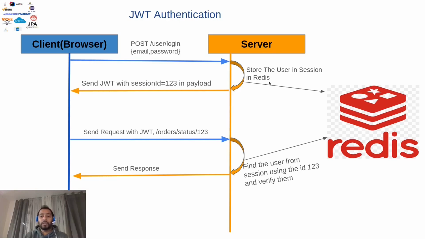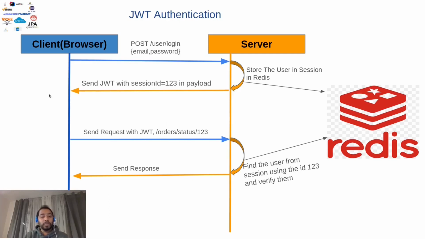And then when it creates the session in Redis, it will add the key of the session inside the JWT, and then it will pass the JWT to the user.